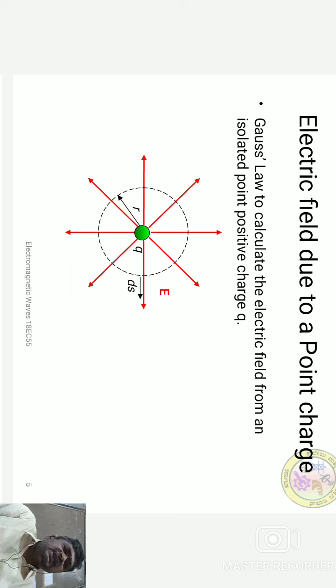E is the electric field from the charge Q, pointing out, traveling in all directions because of the charge Q. We are calculating the electric field at only one point, that is point P. So E and ds are normal, and my theta value is going to be 0. This is the very first step we must make when we calculate the electric field due to a point charge by applying the Gauss law, Gauss theorem.